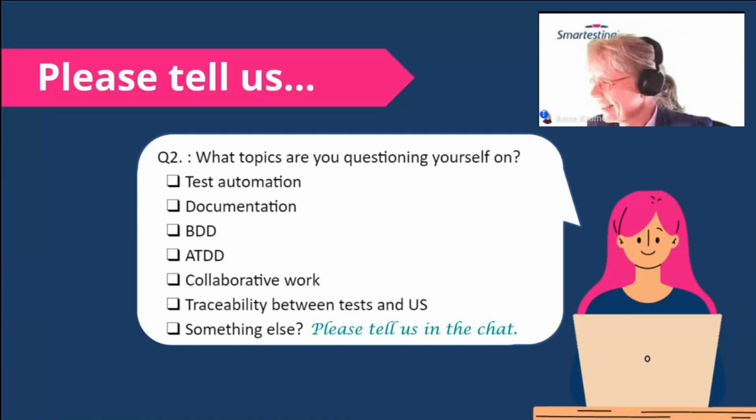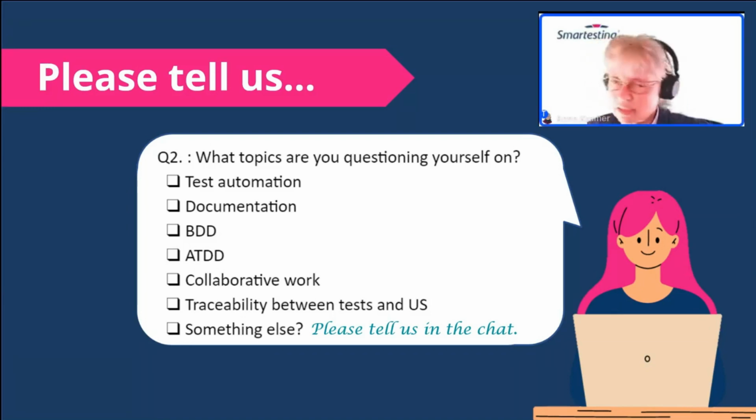Okay, test automation seems to take the lead, as usual, I would say. It's an unresolved topic, a challenge. Yeah, 30%, 31, followed by traceability, collaborative work, and documentation. The test-driven approaches get fewer answers.